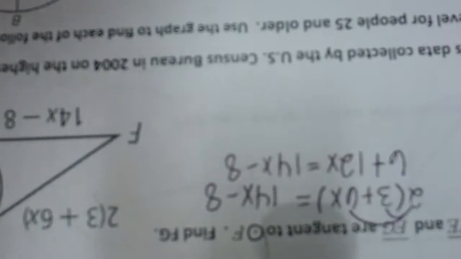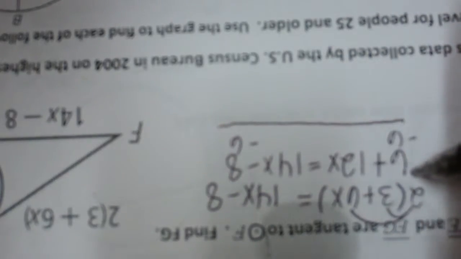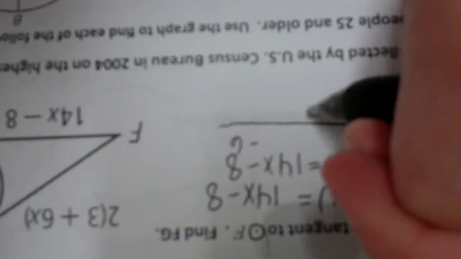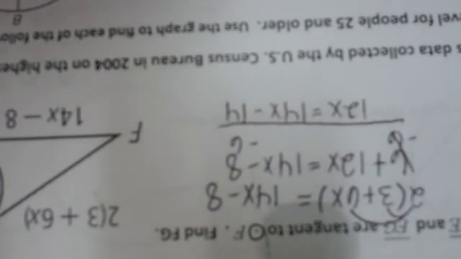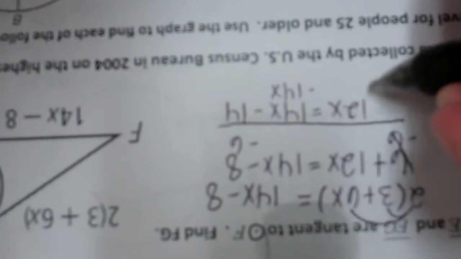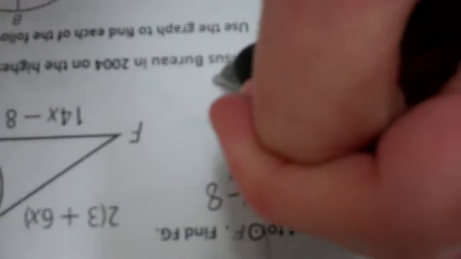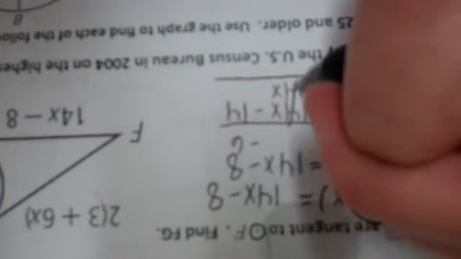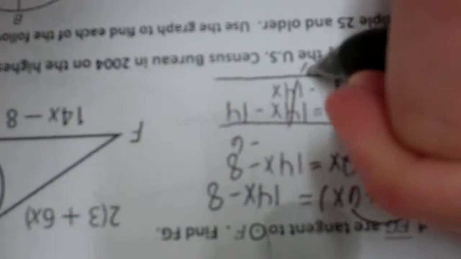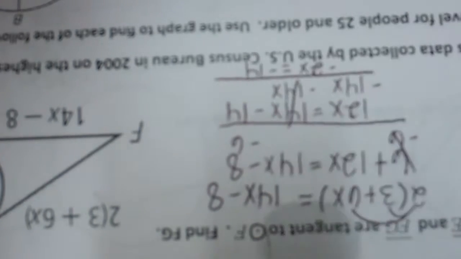We're going to distribute: 6 plus 12x equals 14x minus 8. I'm going to subtract 6 here, subtract 6 here. 12x equals 14x minus 14. Subtract 14x, subtract 14x. Negative 2x equals negative 14.